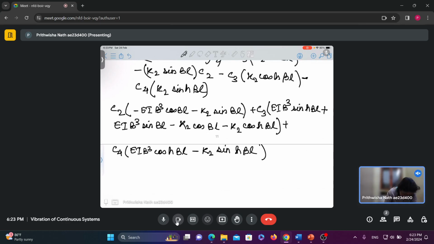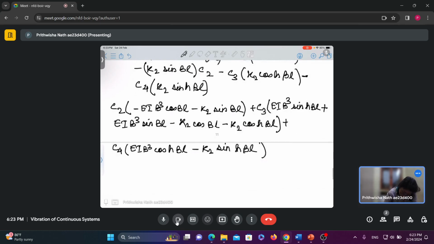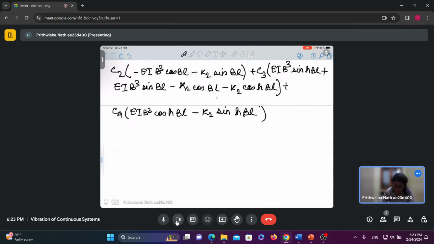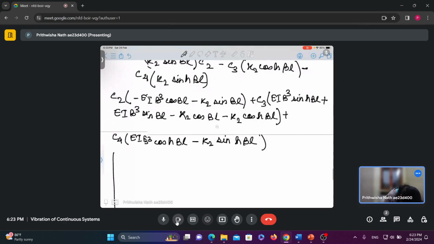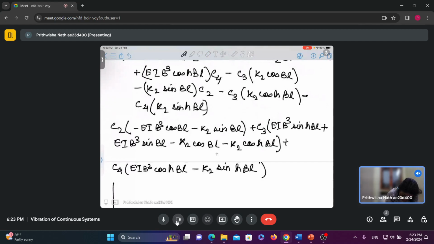Now I write the terms accordingly. So this is equal to 0.